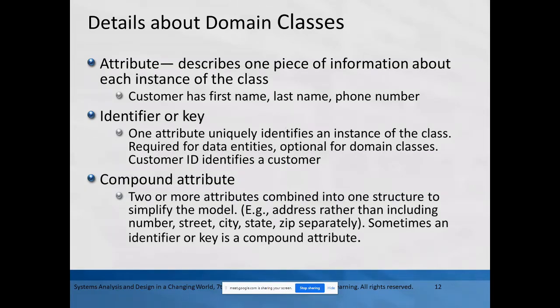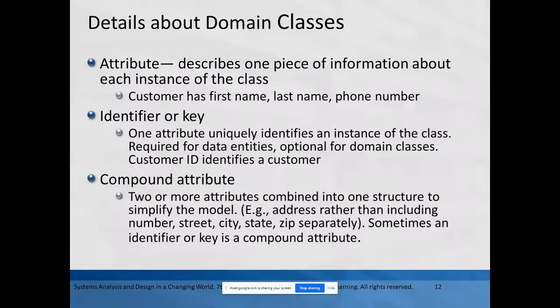So what is an attribute? It's essentially a field. So if I have a table and I'm storing information, I'm going to have fields within that table to classify that information. And they give the example here of a customer would have first name, last name, phone number. These are examples of attributes for customer. They might also have addresses, or even in a compound attribute example, they have the address.